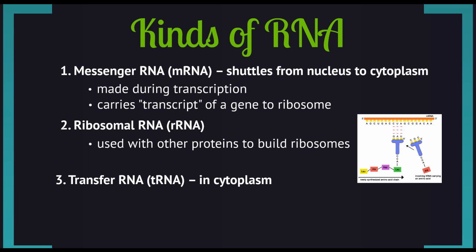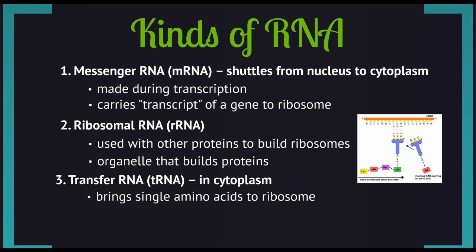Ribosomal RNA is used with other proteins to build ribosomes. So the ribosome itself is a complex including rRNA and proteins. The ribosome, of course, is the organelle that actually builds proteins. Transfer RNA is floating around in the cytoplasm, and transfer RNAs bring single amino acids to the ribosome.